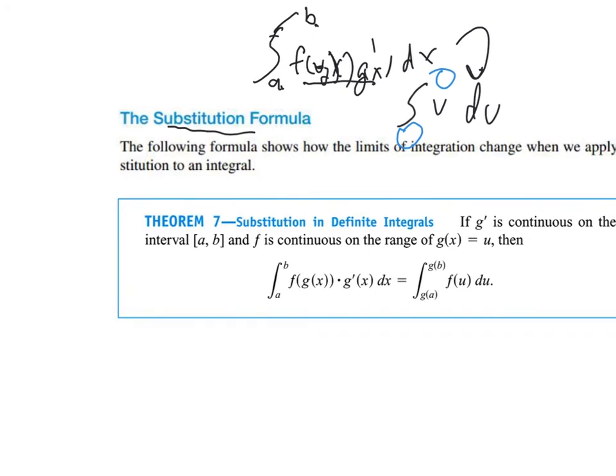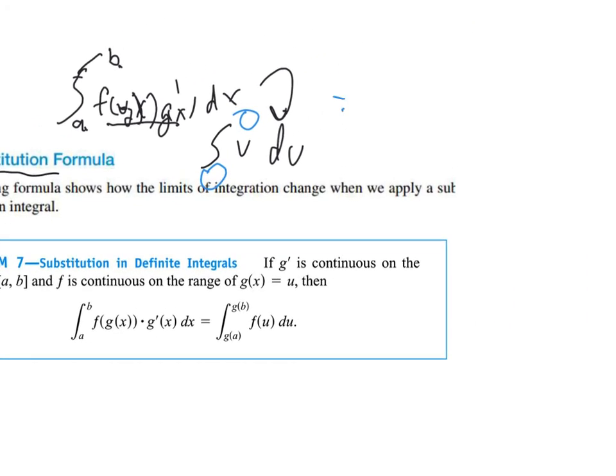The other option is to ignore the limits and convert your f of g of x, g prime of x, which goes from a to b, but ignore it and write out your u du.